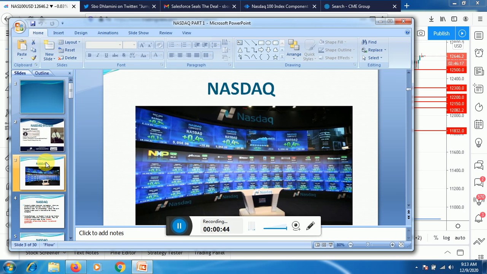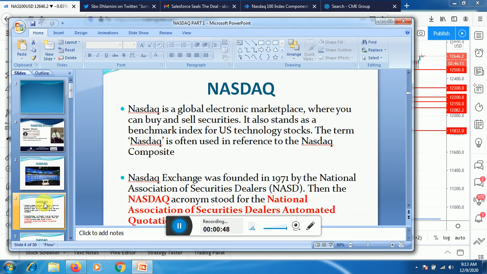Okay, talking about the NASDAQ Exchange, né? The NASDAQ is a global electronic marketplace where you can buy or sell securities. It also stands as a benchmark index for US technology stocks. The term NASDAQ is also a reference for the NASDAQ Composite itself.